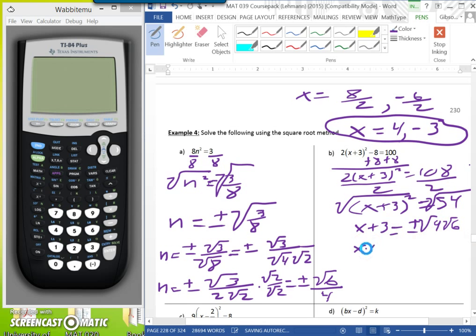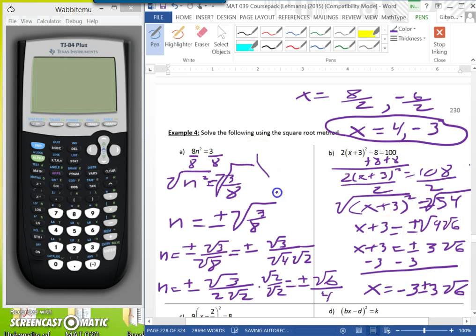So we have x plus 3 is equal to plus or minus 3 square root 6. Now we will subtract 3 on both sides. So we have x is equal to negative 3 plus or minus 3 square root 6. And that is our final answer.